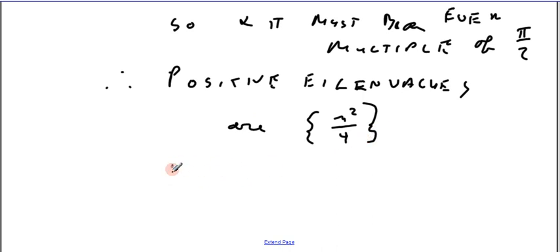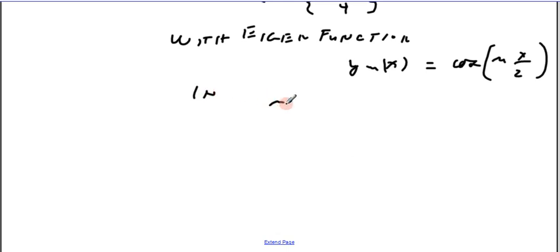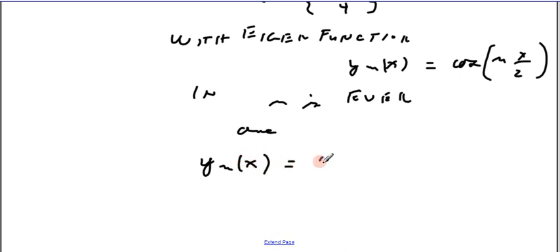And with eigenfunctions, y sub n of x is equal to cosine n x over 2, if n is even, and y sub n of x is equal to sine n x over 2 if n is odd.